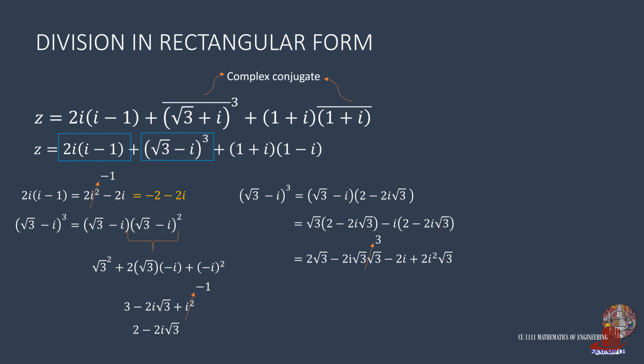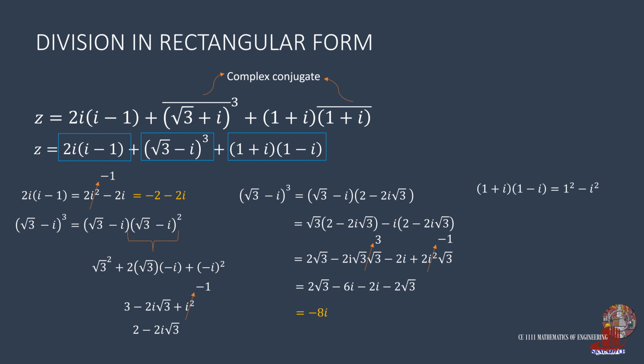Root of 3 times root of 3 is 3, and i squared is negative 1. Thus, the second term becomes 2 root of 3 minus 6i minus 2i minus 2 root of 3, which is then reduced to negative 8i.